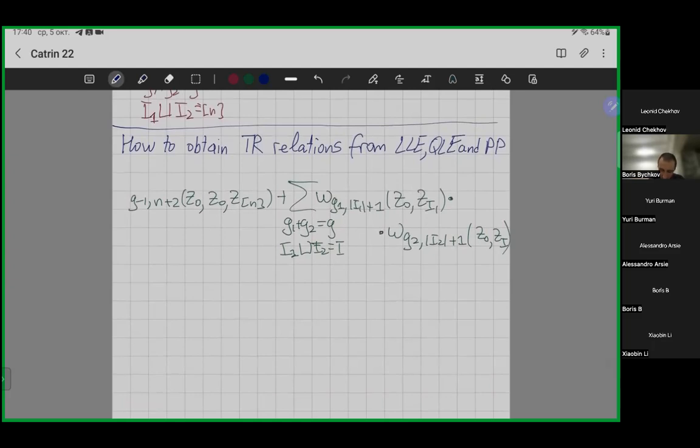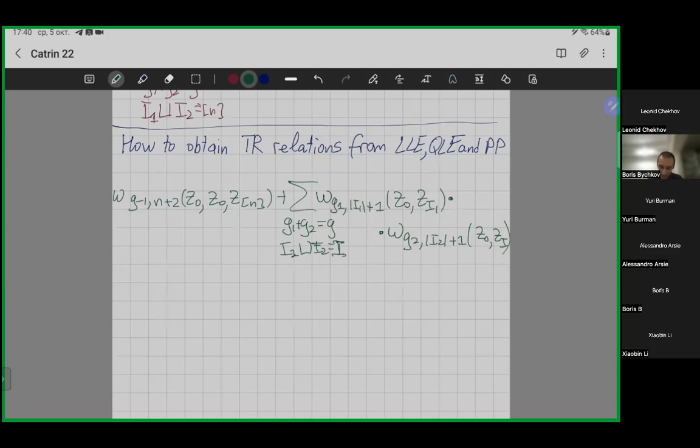So let us extract from this sum the omega G,Ns which we are looking for. How do we obtain omega G,N plus 1 in my notation? If G1 is equal to 0 and G2 is G, or vice versa, and also if I1 is from 1 to n and I2 is empty.